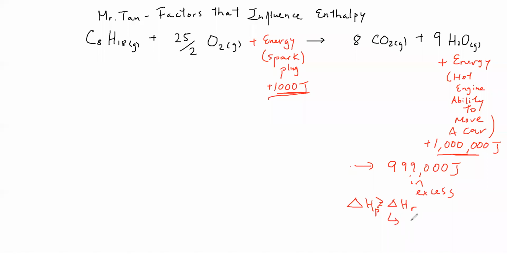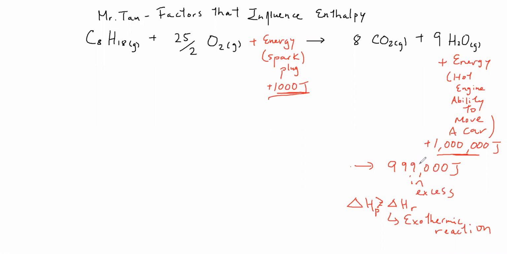So this is what's going to give us an exothermic reaction. Now, that was just to give you an idea that even though there are two energies that could potentially come into play, you always look at a comparison between the two sides.